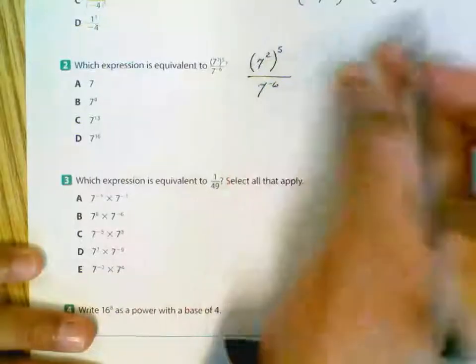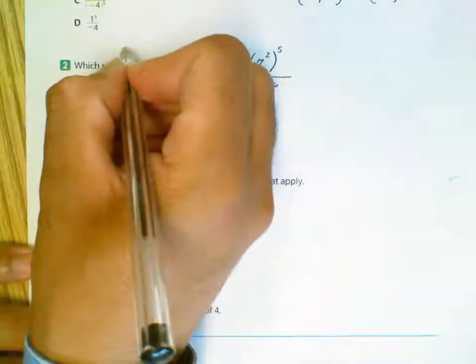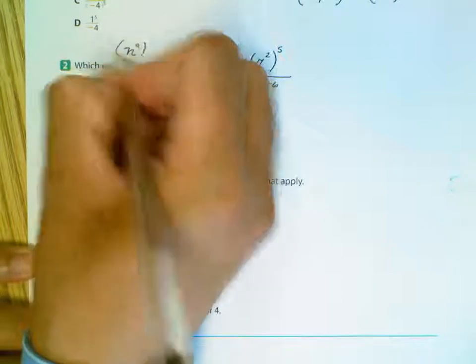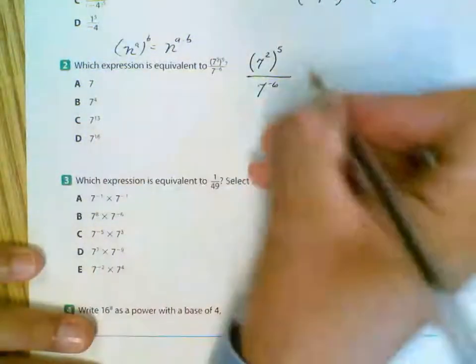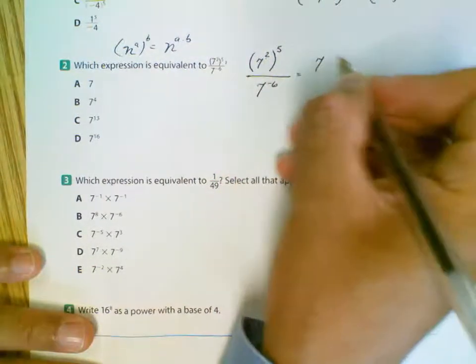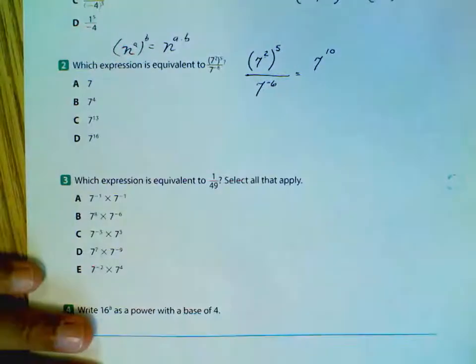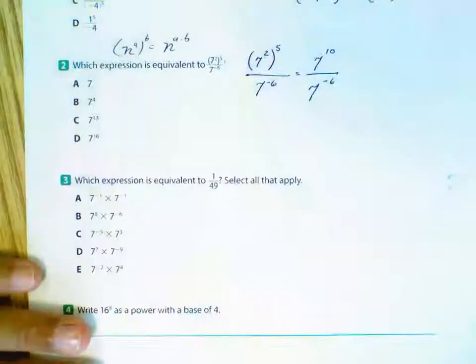Here I have a power of a power. So I'm going to write it here, n to the a to the b is equals to n to the a times b. So it's equals to 7 to the 2 times 5, which is 10, over 7 to the -6th power.